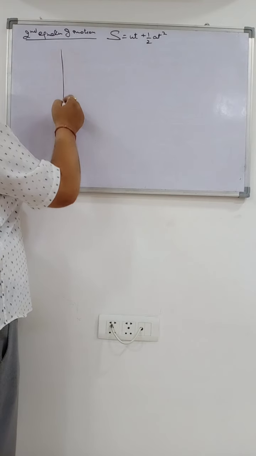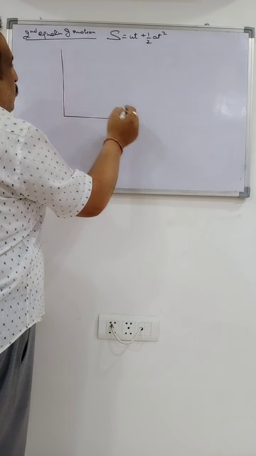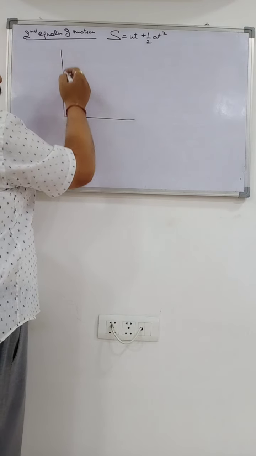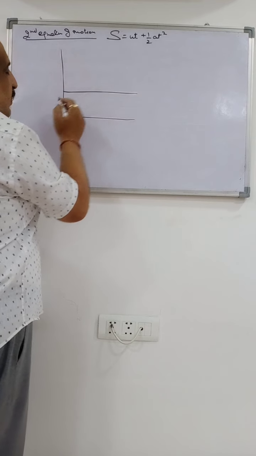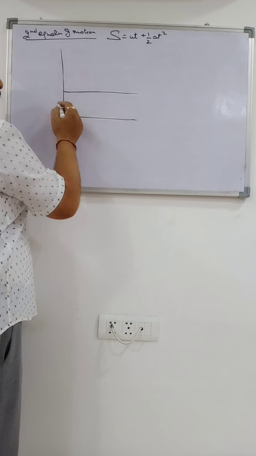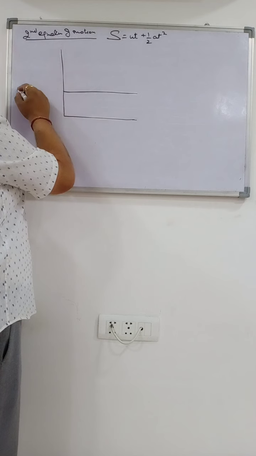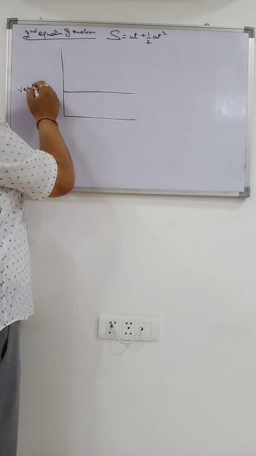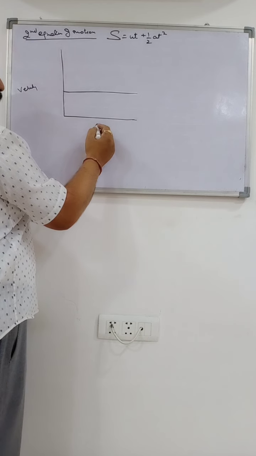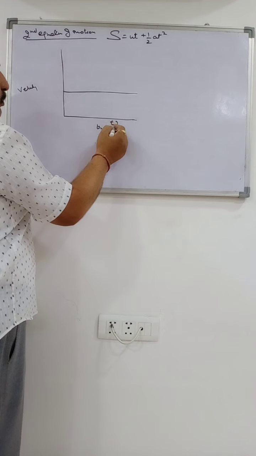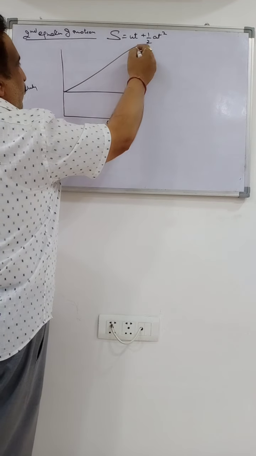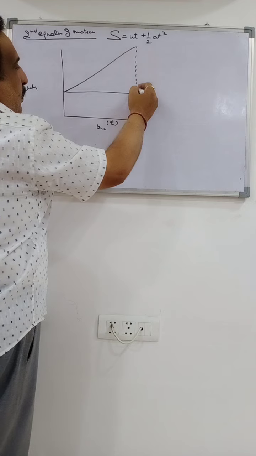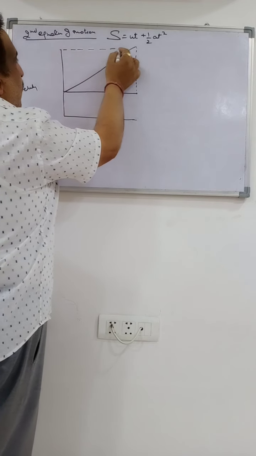Moving on to the same curve now. This was the curve you made in the first equation. The diagram is the same. This is velocity, and this is time t. You drop a perpendicular here and a perpendicular there.